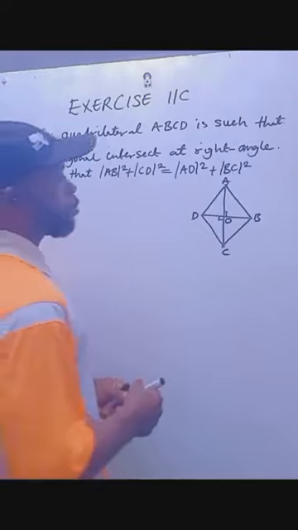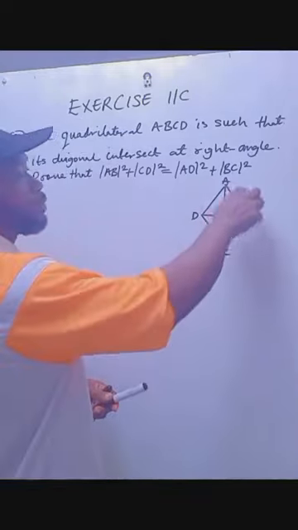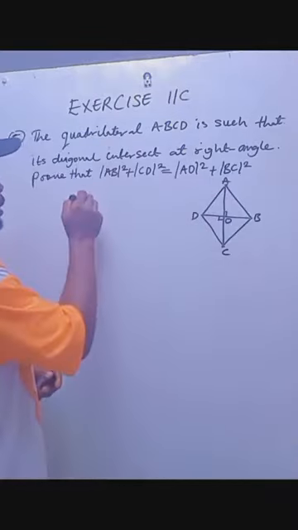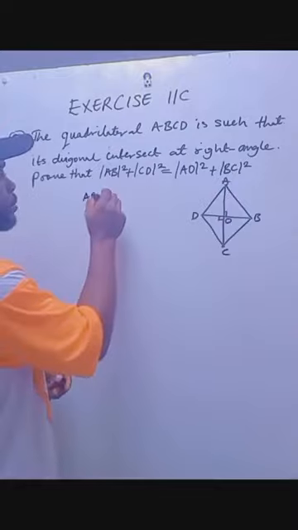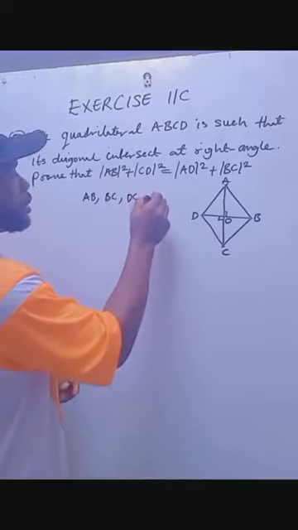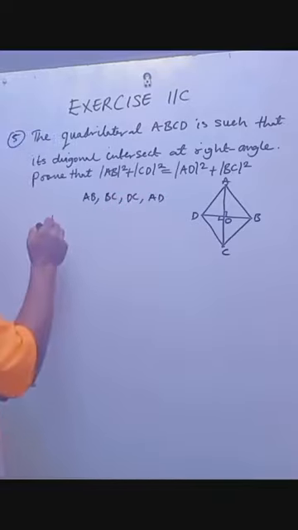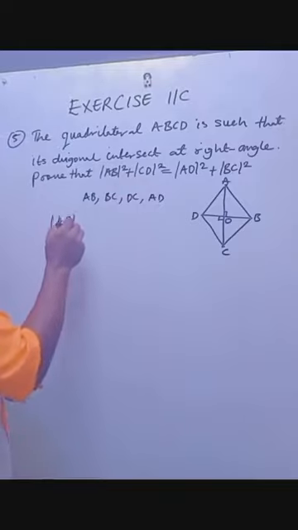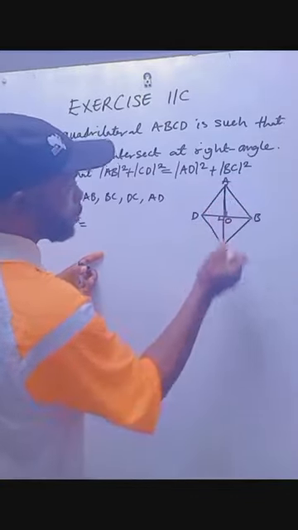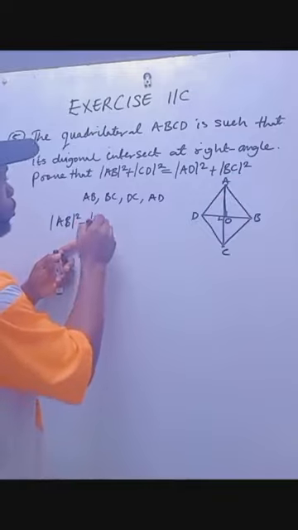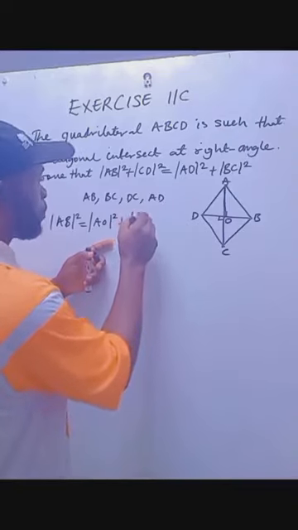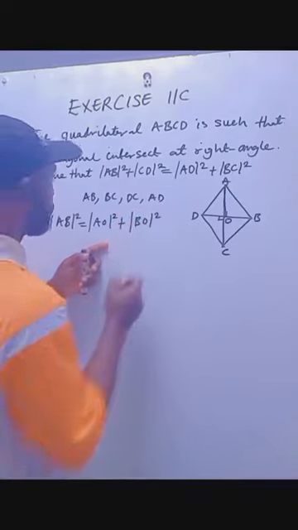Now I'm going to apply Pythagoras theorem to calculate for the sides of this quadrilateral. I'll calculate for the side AB, side BC, side DC, and side AD. Therefore, side AB squared, which is the hypotenuse of this triangle, is equal to AO squared plus BO squared.